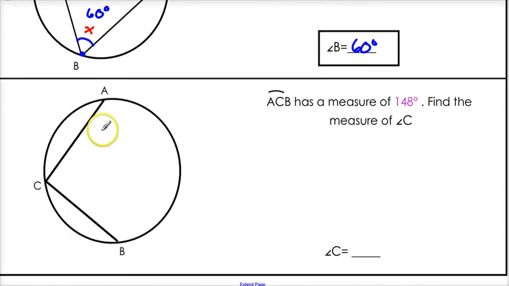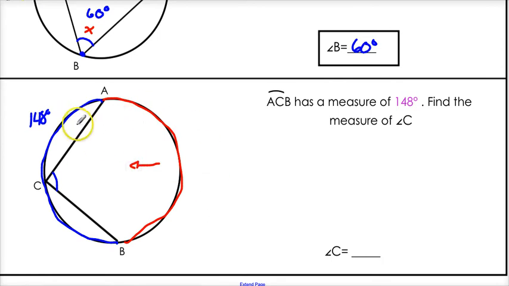For our final problem, you're going to see something like this. This one tells us that arc ACB has a measure of 148. Find the measure of angle C, which is right here. Well, what they're giving us is that arc ACB, right over here, is 148 degrees. But that doesn't help me find this angle. We've got to know what this other arc is to find out what the angle is.